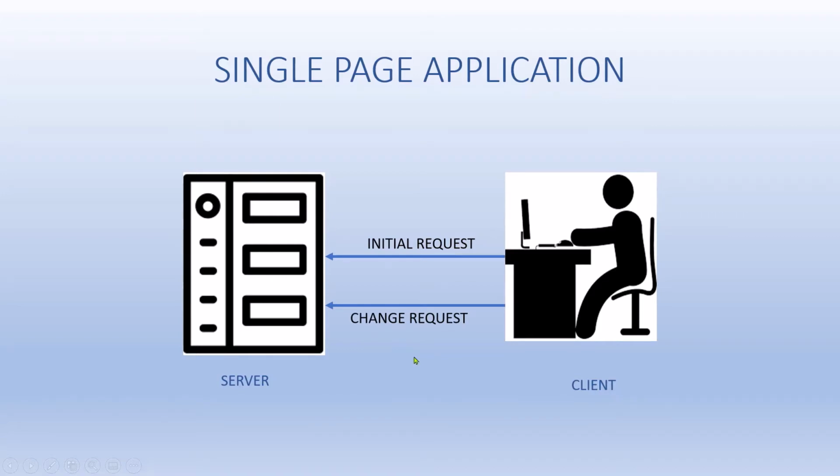The server responds by just sending back the change requested. And this change requested is data in JSON format. JSON, the full form being JavaScript object notation. If you're not familiar with JSON data and the format, we will be working with it in the series.